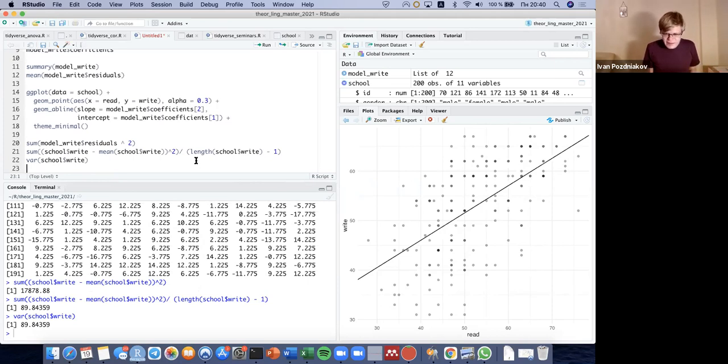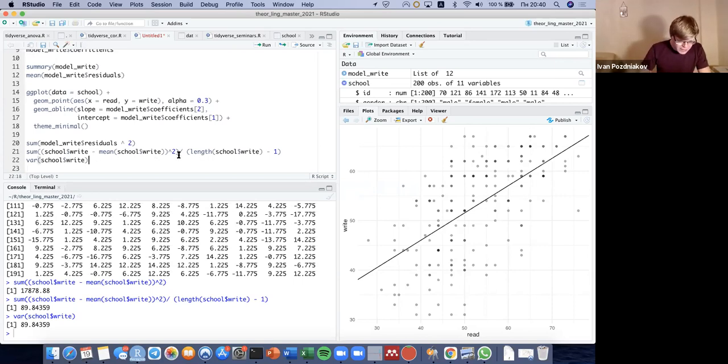Where do we need to use linear regression? When do you need to use correlation? And what is the relationship between them? It's a perfect question, and we'll answer it today. But first, we need to understand R squared and where it comes from.